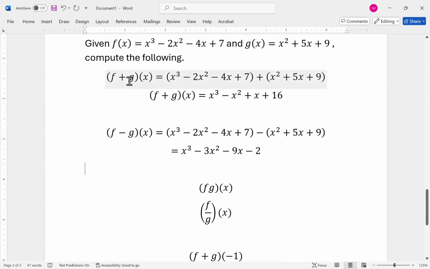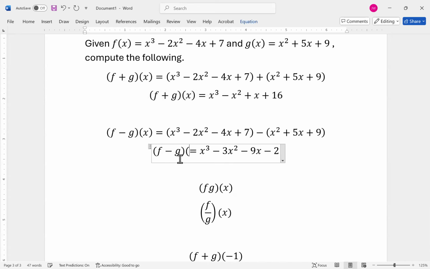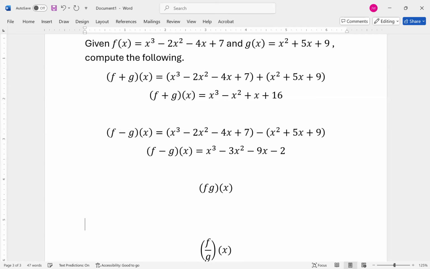Again, notice when I add two functions, I get a new function. When I subtract these two functions, I get a new function. When I multiply these two functions, I'm going to get a new function as well. In this case, I don't think I'll do the expansion here just because that'll take more time than necessary.